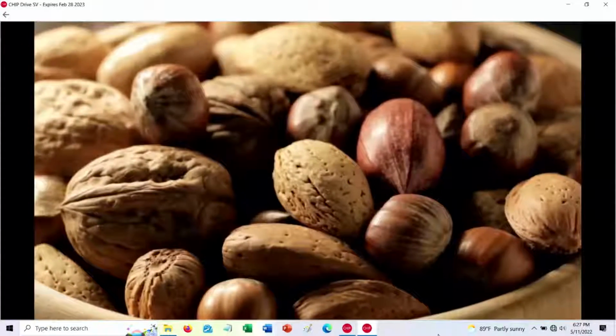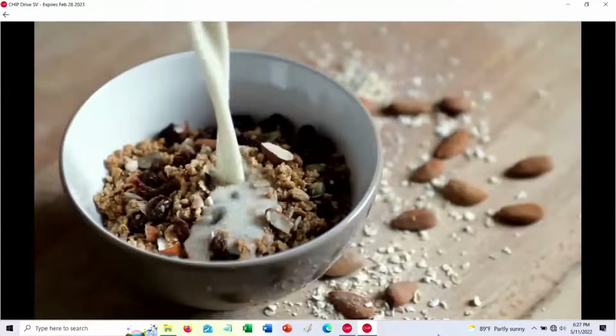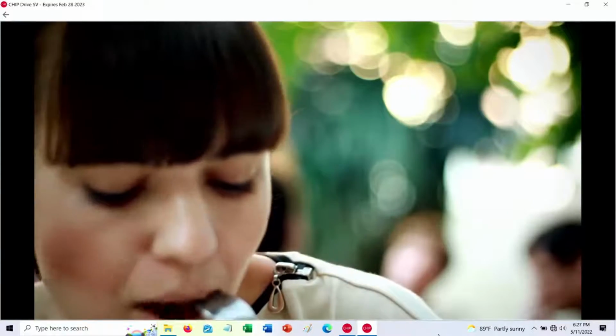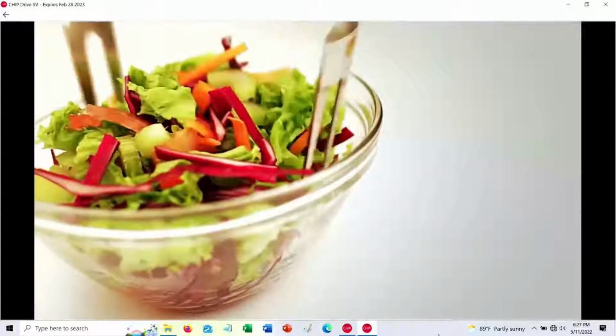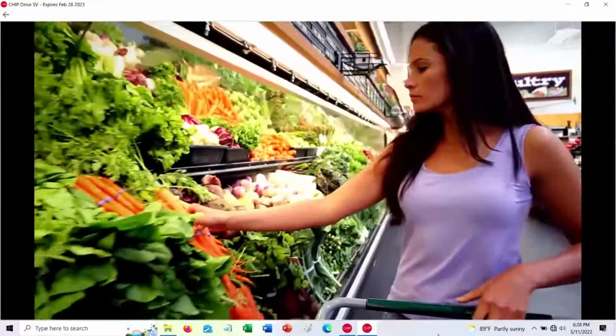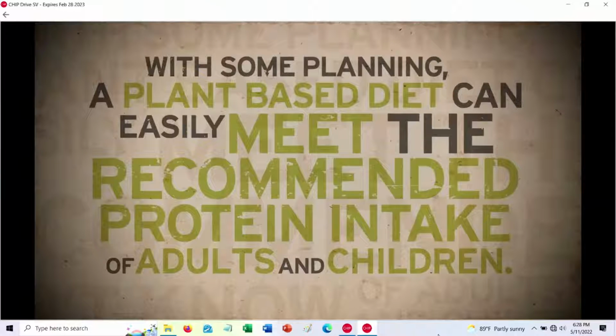Legumes and nuts are particularly rich, but vegetables and whole grain cereals eaten throughout the day also contribute greatly to our protein intake. With some planning, and with that I mean buying and preparing a variety of foods, a plant-based diet can easily meet the recommended protein needs of adults and children.